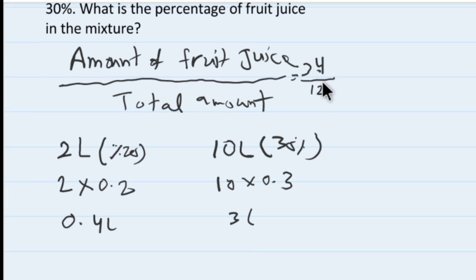So when we divide 3.4 by 12, we will get 0.28. When we multiply it by 100, we will get it in percentage, that is 28%. So 28% is the percentage of fruit juice in the mixture.